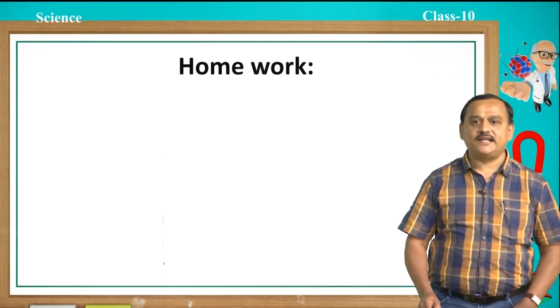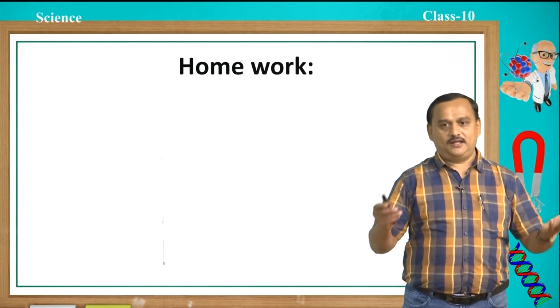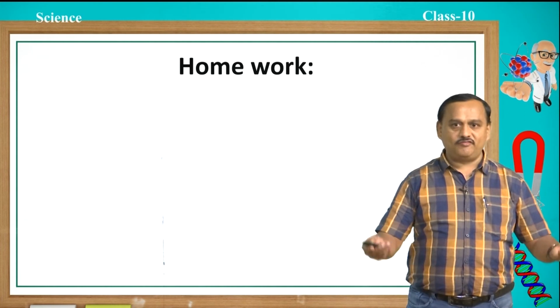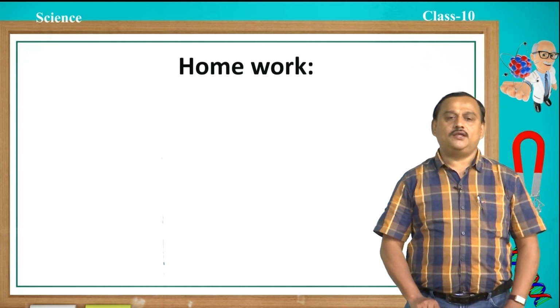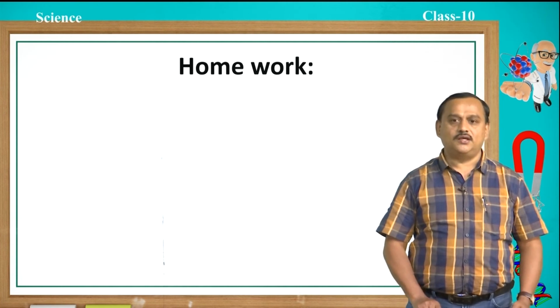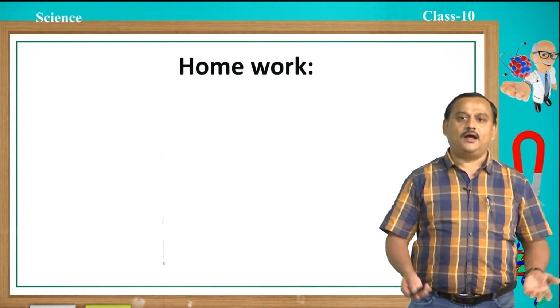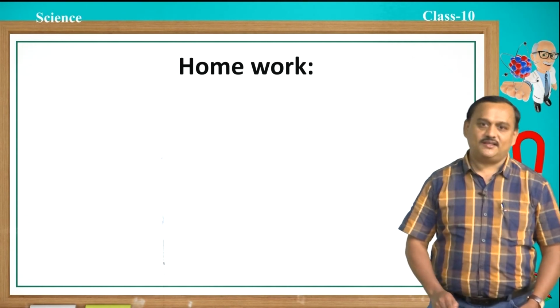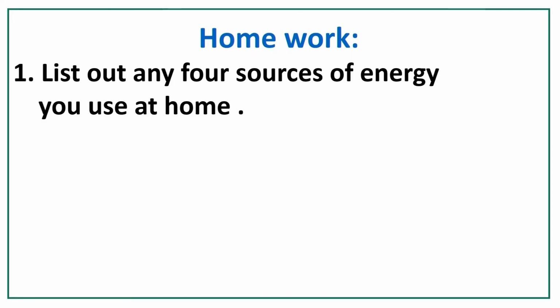Now, as an extended activity, let us do some homework. I hope all of you will do this homework. You can discuss with your teacher, friends, and you can refer some books, you can watch YouTube and answer these questions. The first question: list out any 4 sources of energy you use at home.